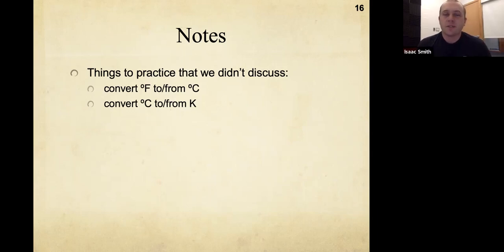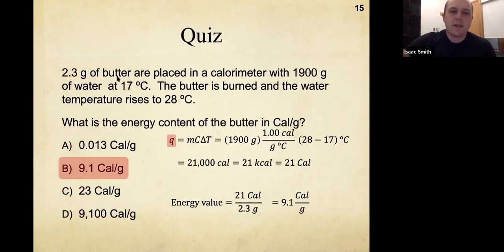Sometimes you just have to really check your units. For example, this problem we just did, it gave the temperature values in Celsius, right? But there's a chance that a problem could give these to you in Fahrenheit, require you to convert from Fahrenheit into Celsius before you actually do the problem.